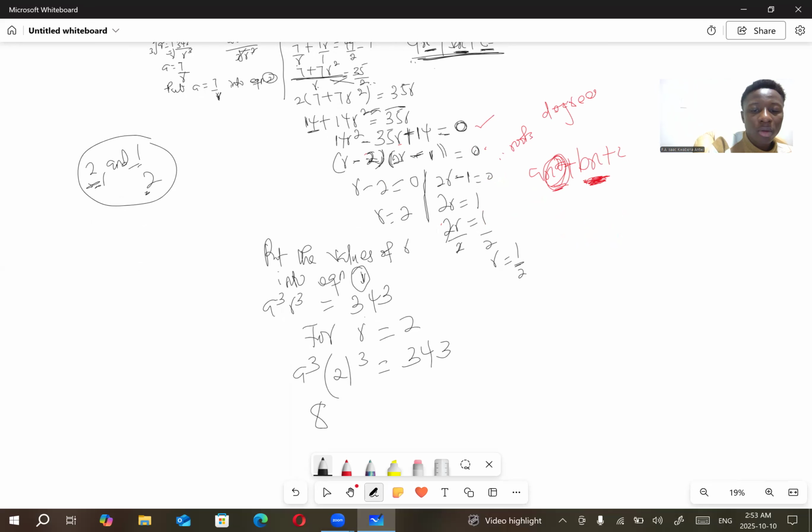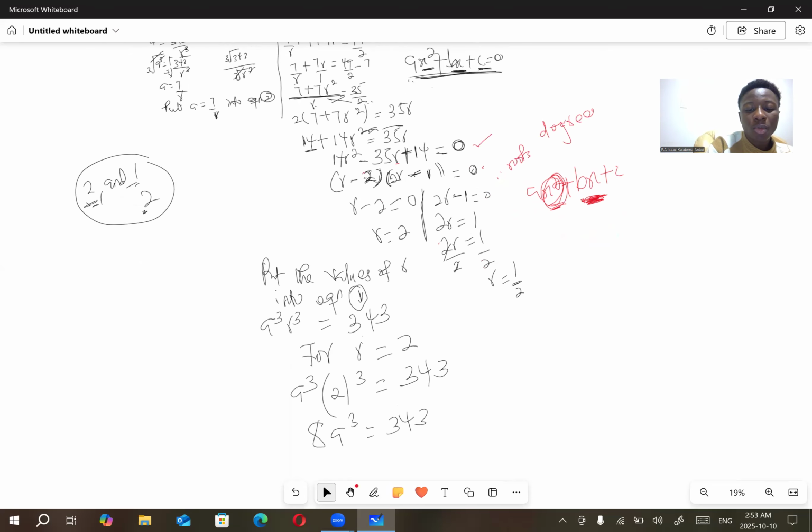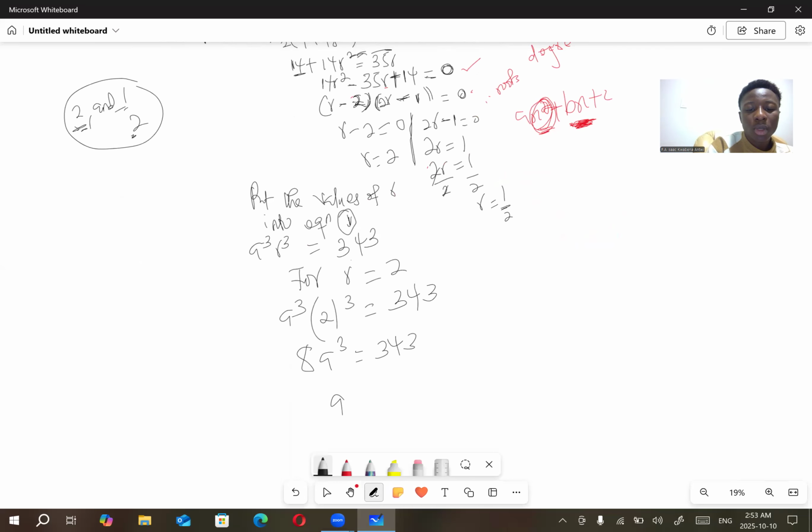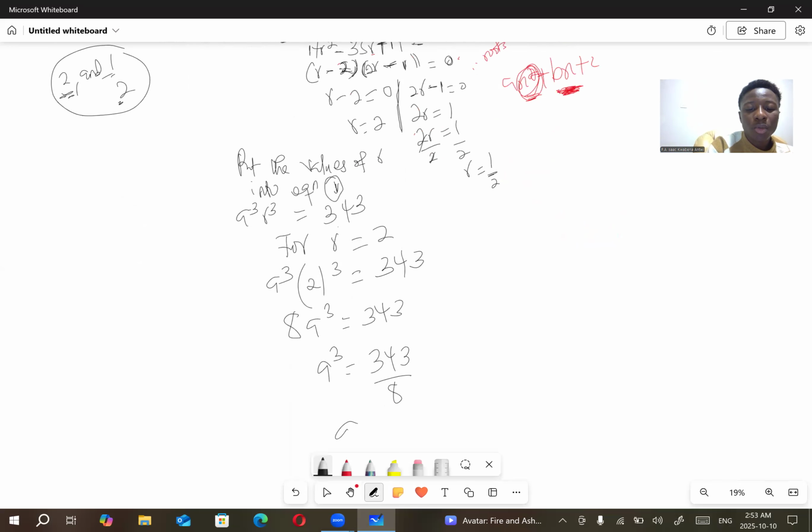A cube is equal to 343 over 8. I thought the fraction can be reduced, but it cannot be reduced.